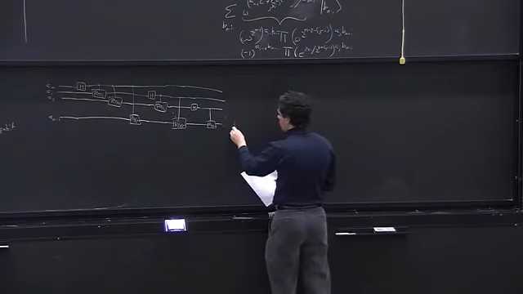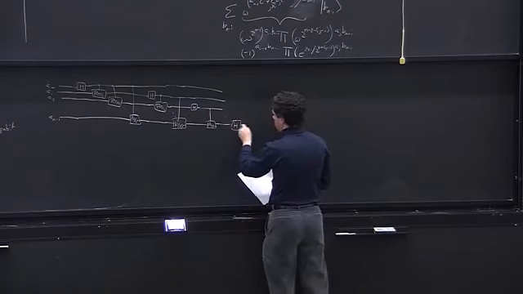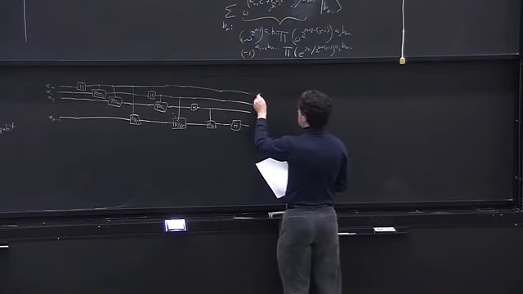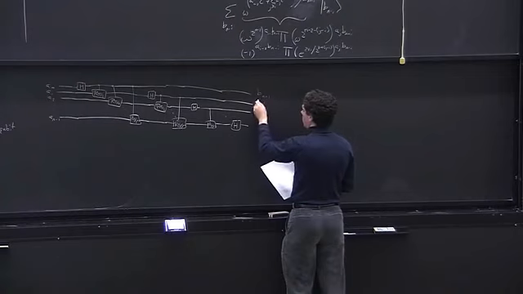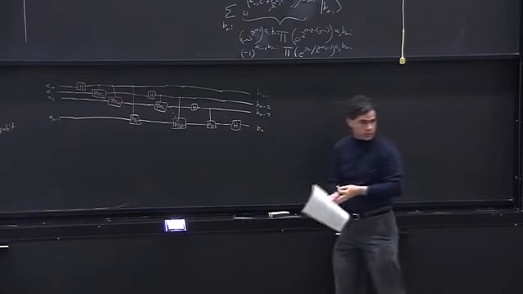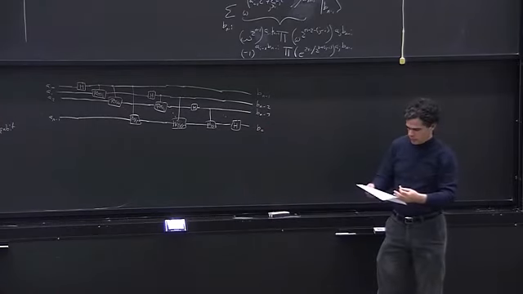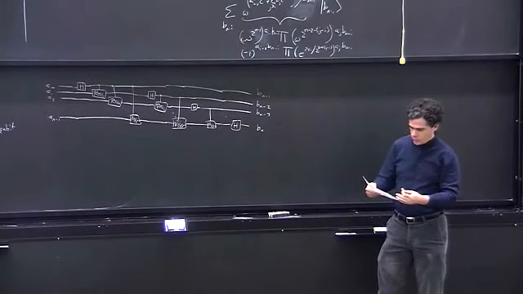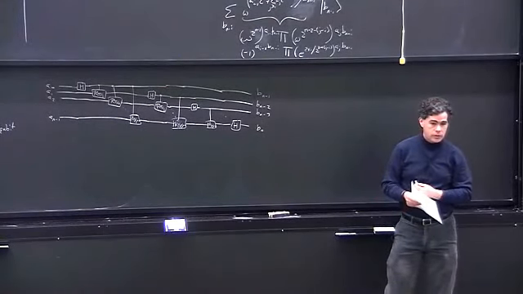And then finally we end the whole thing with a Hadamard down here. And the output we get is bn minus 1, bn minus 2, bn minus 3, down to b0. Okay? So does that make sense?